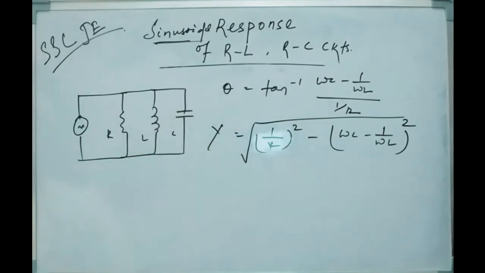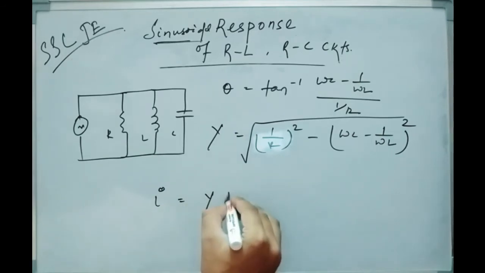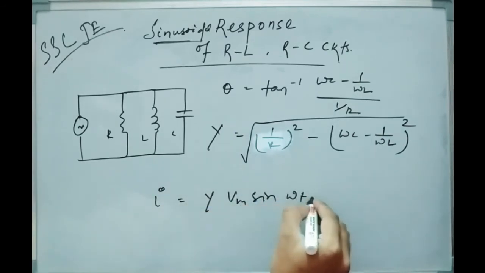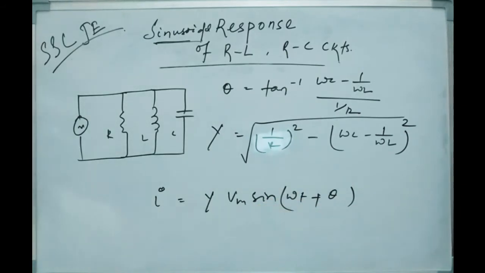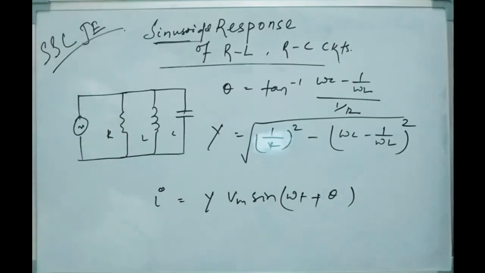And all these theta and admittance values you will be putting in I equals Y Vm sin(omega t plus theta). Fine. As in series circuits, in place of the DC response also, we can write the expressions for the parallel circuits RL and RC like this, just by putting theta and admittance in this equation.